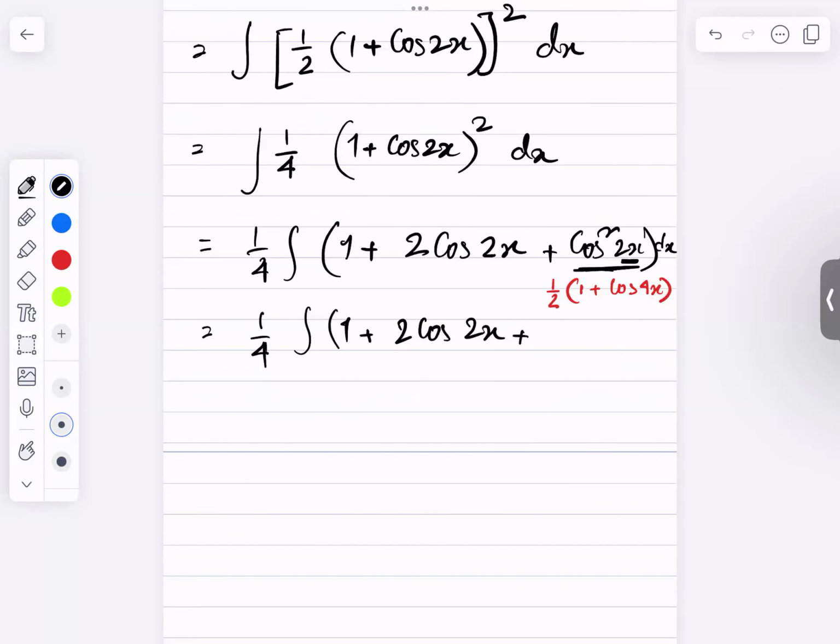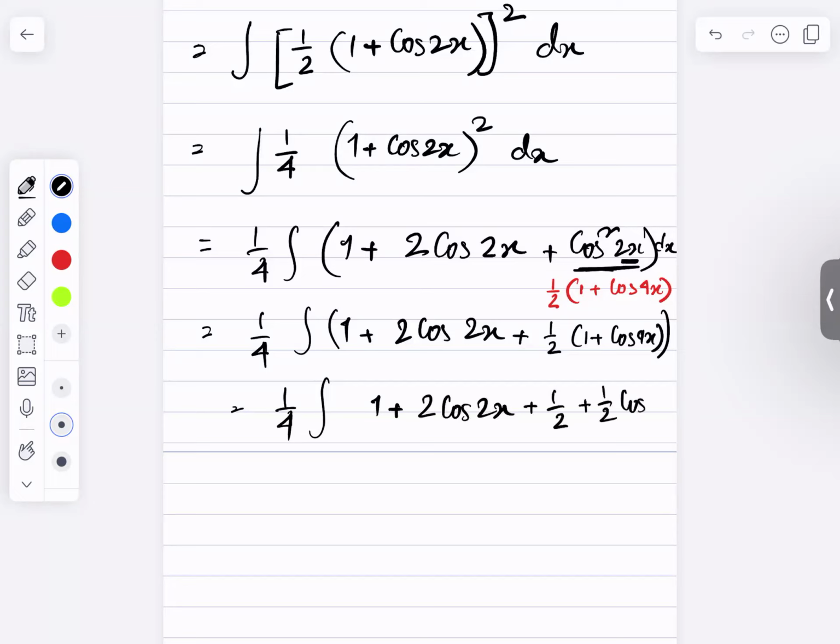Okay. So I have 1 over 4 integration of 1 plus 2 cosine 2x plus half, right, plus half cosine 4x dx.